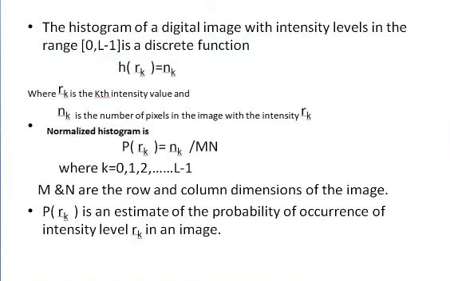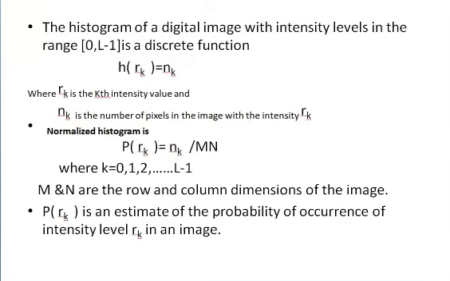Now observe nk. What is nk here? It is the number of pixels with the intensity level rk. In the whole image, we have many intensity levels, from 0 to L minus 1. We should calculate how many pixels have intensity 0, how many have intensity value 1, how many have intensity level 2, and so on.